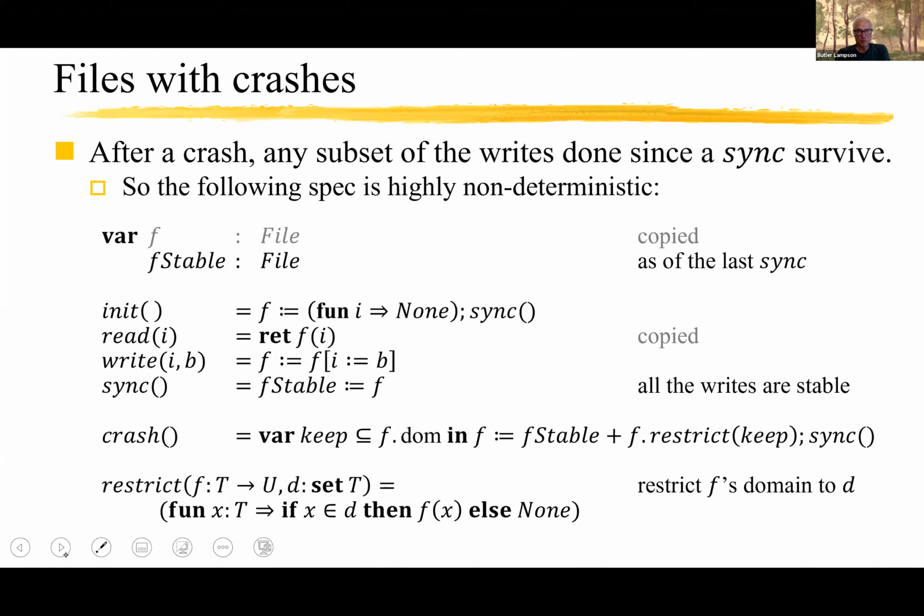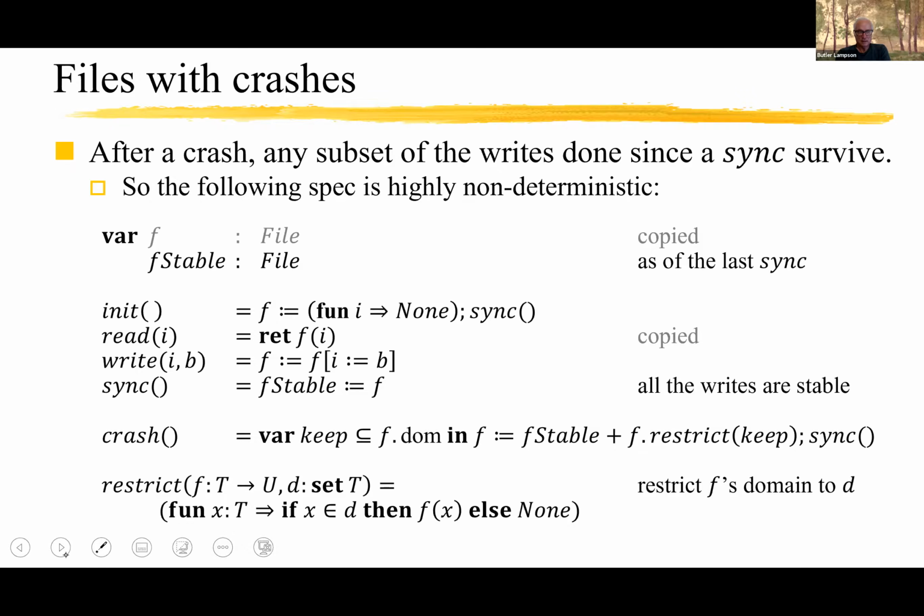There's going to be two variables, the F variable that we had before, and another variable which I've called F stable, which you should think of as the file as of the last sync operation. Read is the same as before, write is the same as before, and sync copies F to F stable, at which point all the writes become stable. What does that mean?